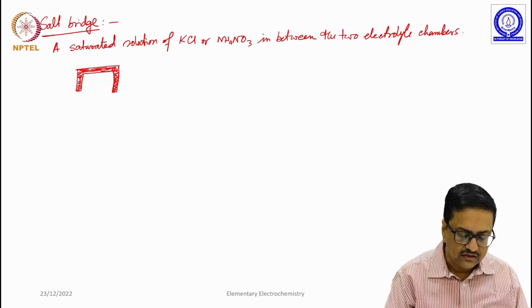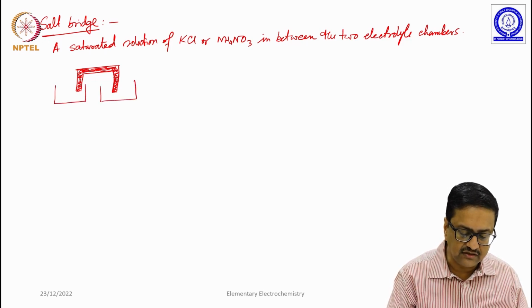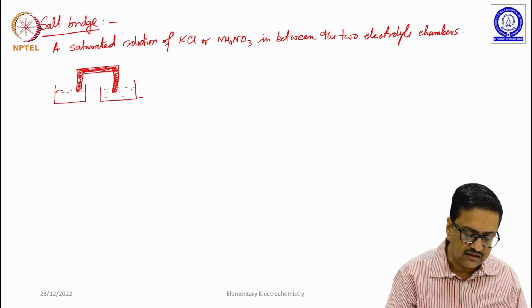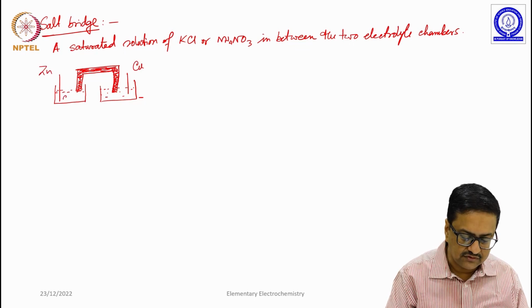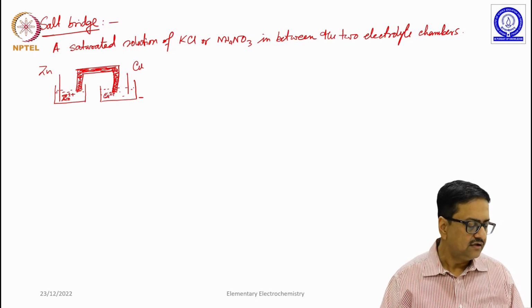This technically establishes the electrical connectivity between the two solutions, which are then connected with the corresponding electrode. Suppose this is copper, this is zinc, you have Zn2+ here and Cu2+ here.